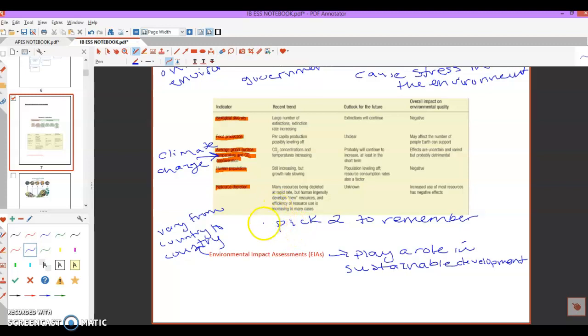So basically, what is supposed to happen is there are supposed to be studies before the project begins. We want to know how the construction and the development are going to impact the environment.